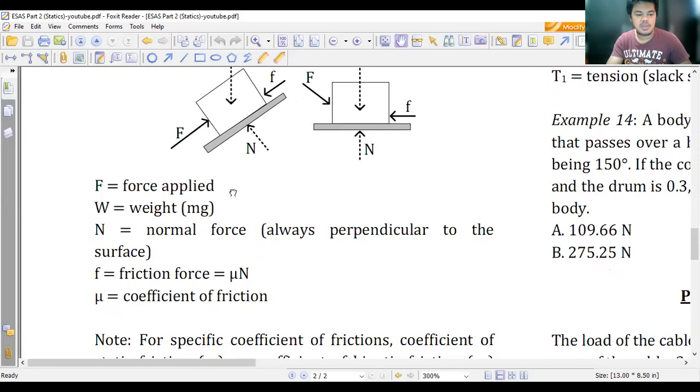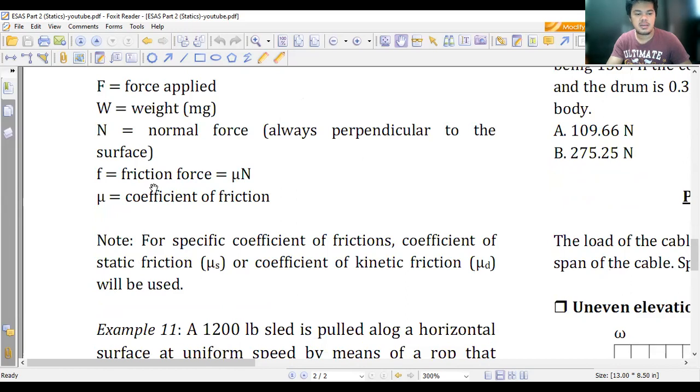Okay, and then we have the coefficient of friction. It's either given or it's the one that is being asked. And then the friction force is equivalent to the coefficient of friction multiplied by the normal force.